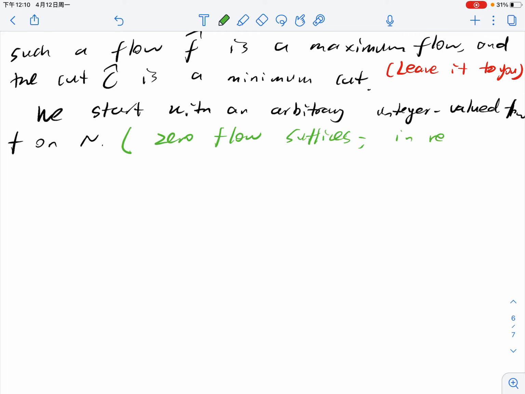But in reality, of course, you can choose better initial data. We can find a more reasonable initial flow. This is a zeroth order approximation.